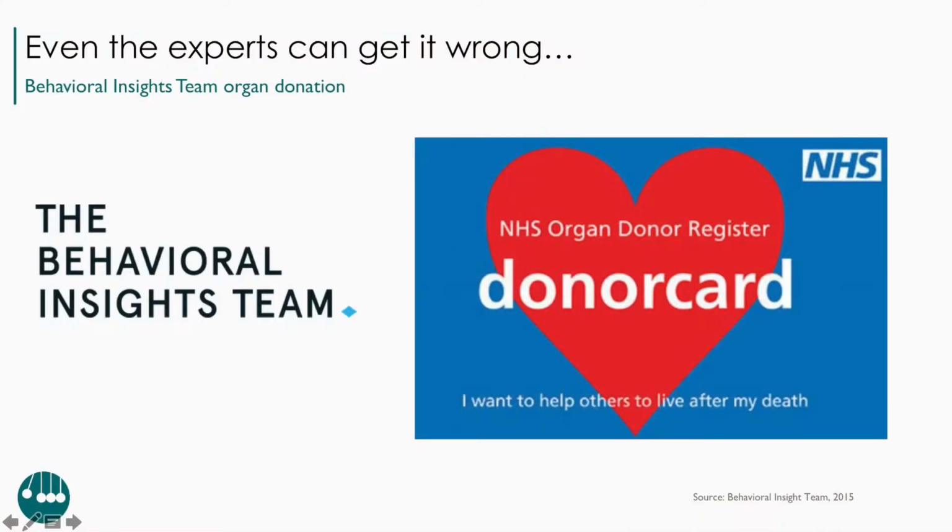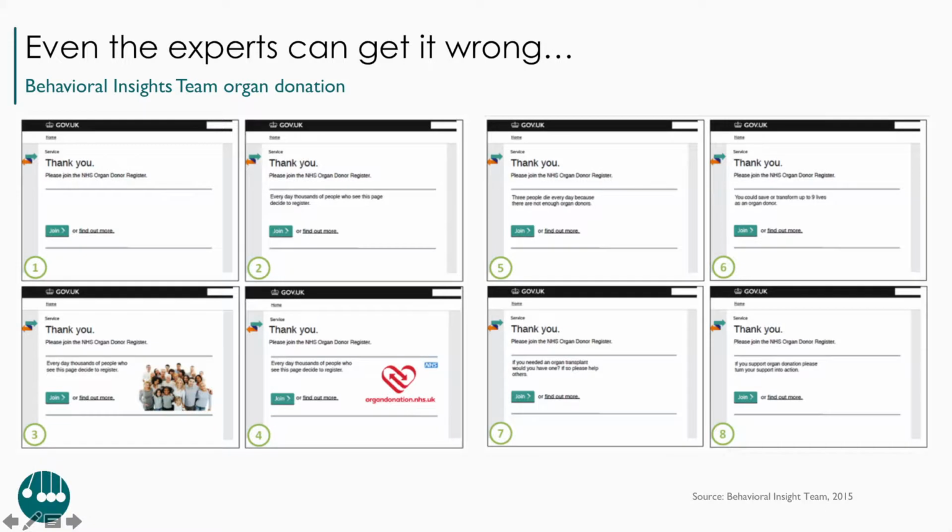There is an interesting example from the Behavioral Insights team which shows how difficult it is even for experts to get it right. The BIT tested different versions of a nudge to increase registration for organ donations. In this slide, you can see all the options that they tested. Many of them were nudges building on the cognitive biases we touched upon in this course, such as social norms and loss aversion.